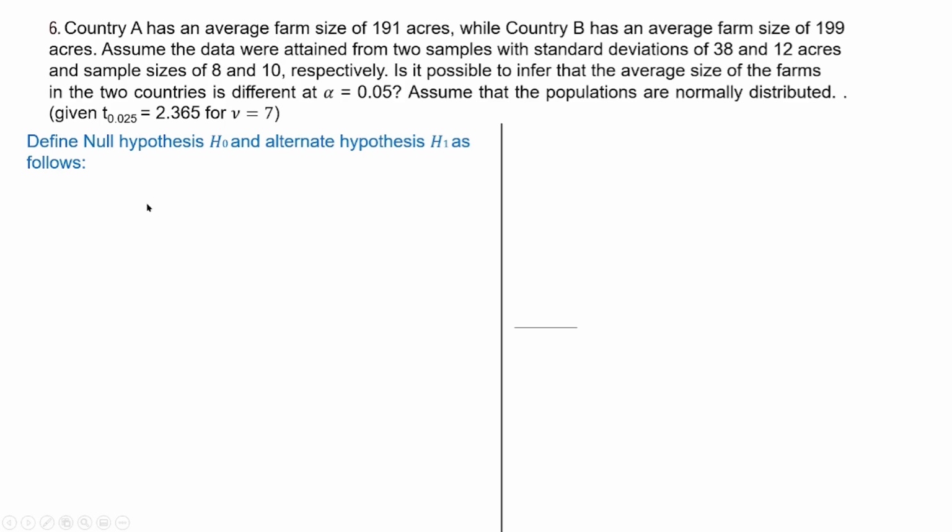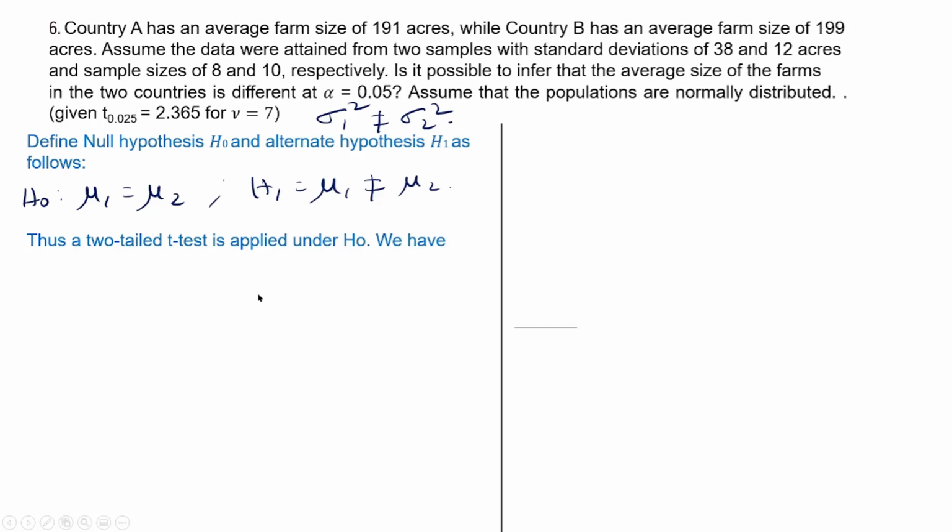Define null hypothesis H0 and alternate hypothesis H1 as follows. H0 is mu1 equal to mu2 and H1 is mu1 not equal to mu2. Here we assume sigma 1 square not equal to sigma 2 square.